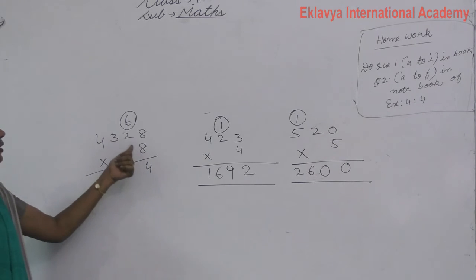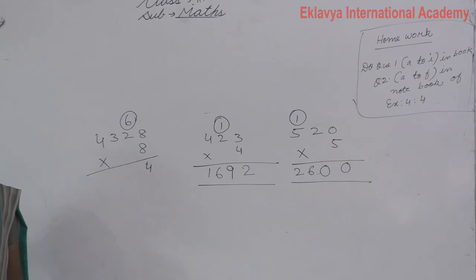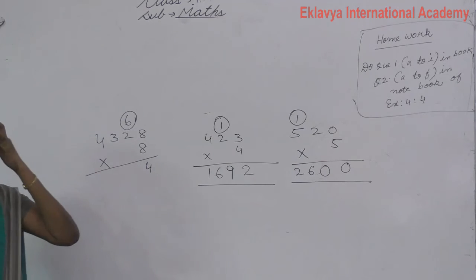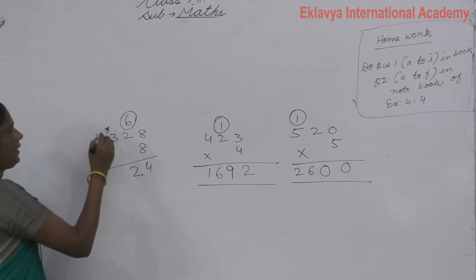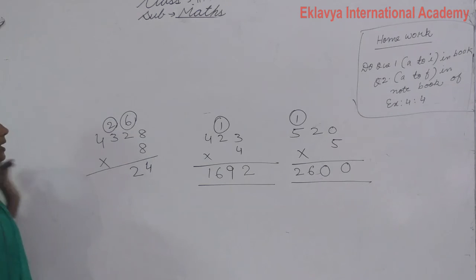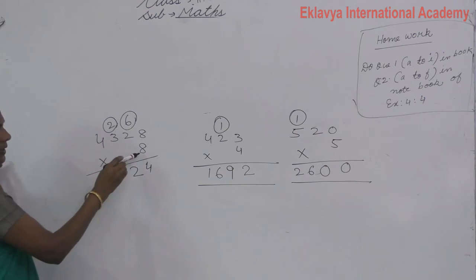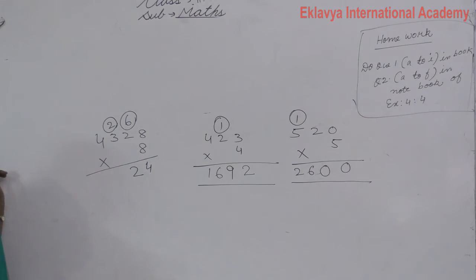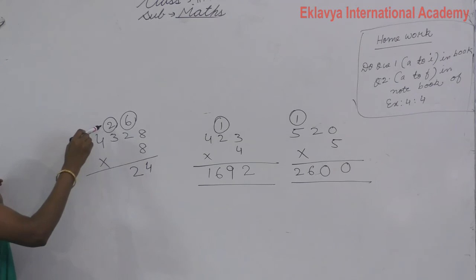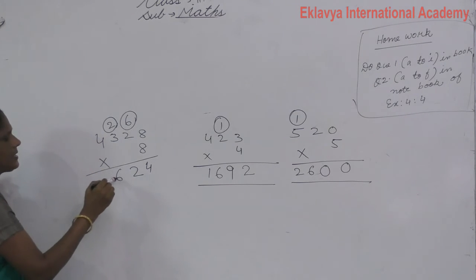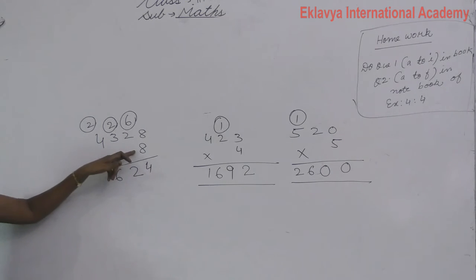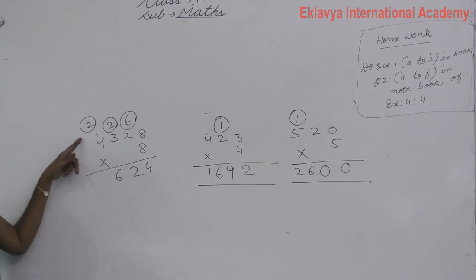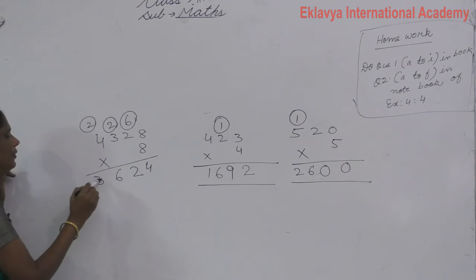Then 8 times 2 is 16. 16 plus 6 is 22. Carry 2. 8 times 3 is 24. 24 plus 2 is 26. Carry 2. 8 times 4 is 32. 32 plus 2 is 34.